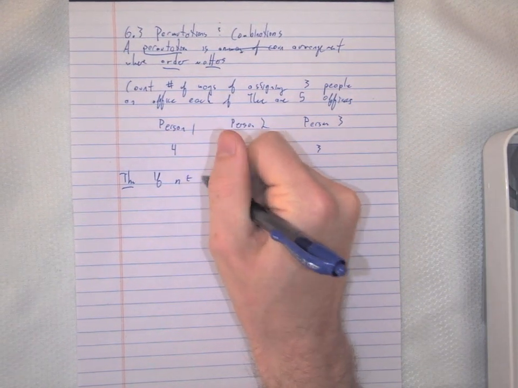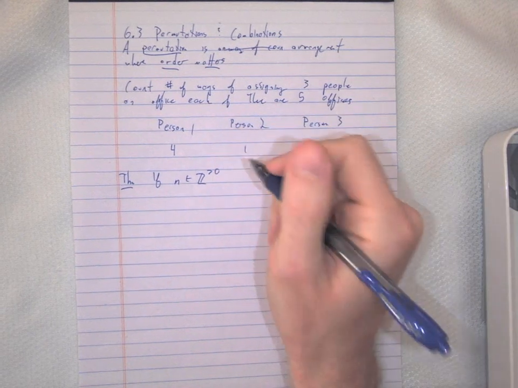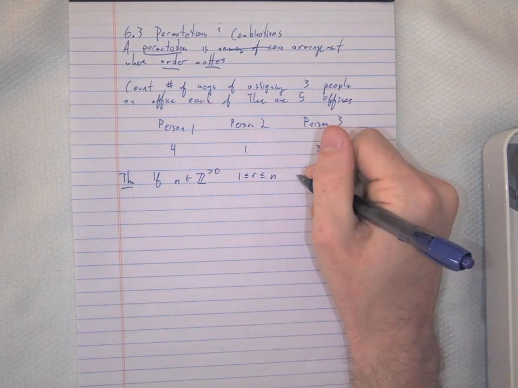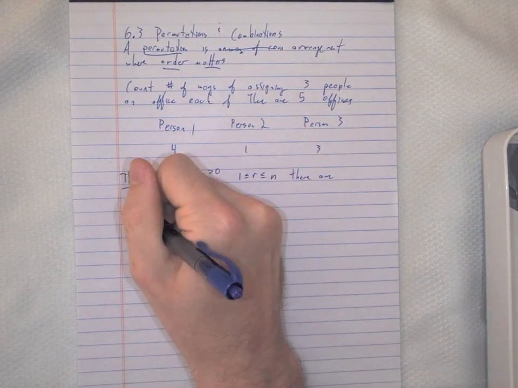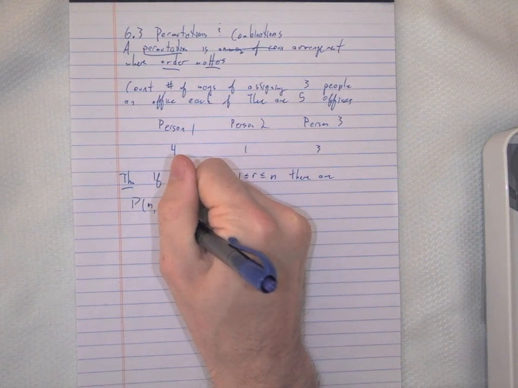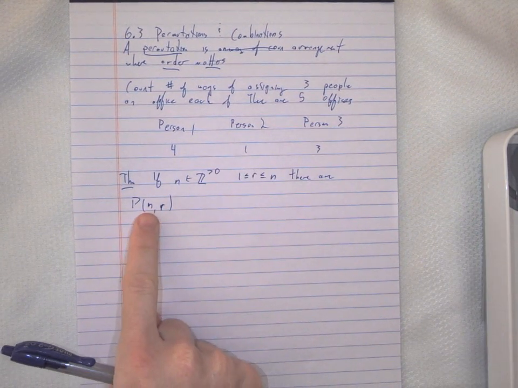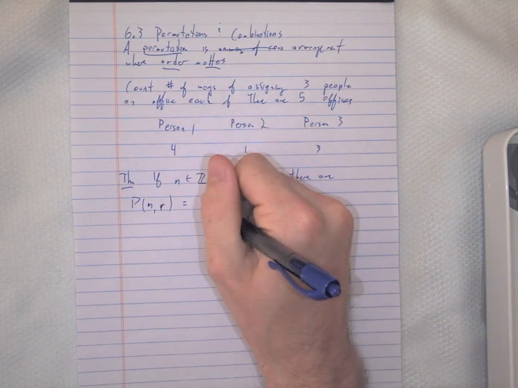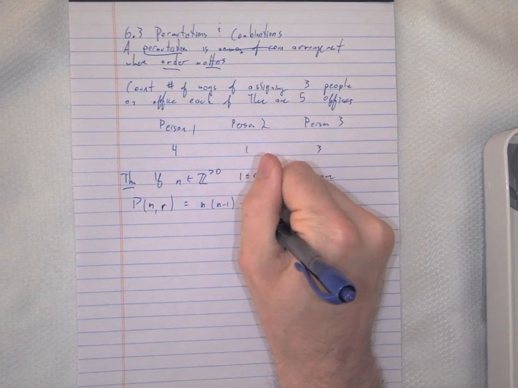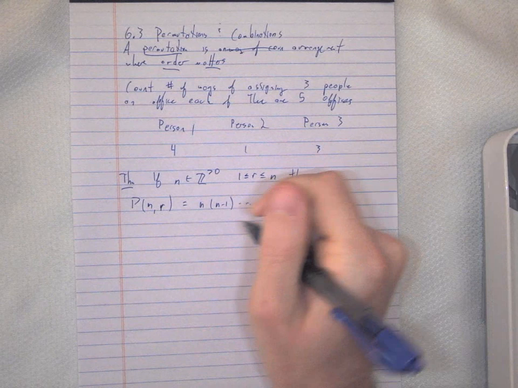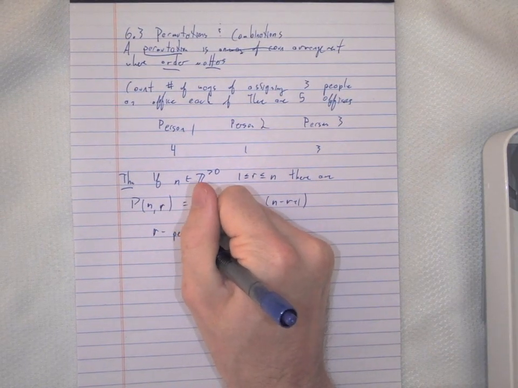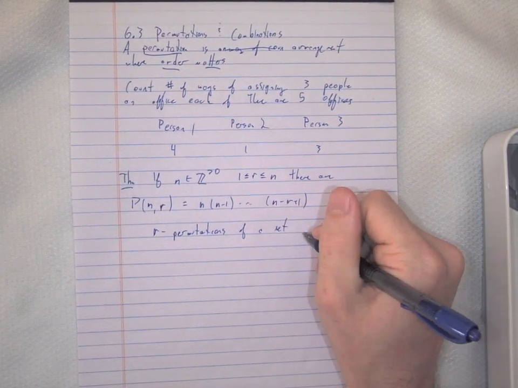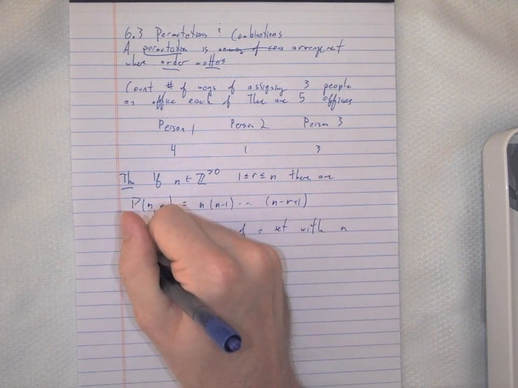If n is in Z greater than 0, so n some positive integer, and 1 is less than or equal to r and r is less than or equal to n, then there are P(n, r), this symbol denotes the number of r-permutations from n elements, equals n times (n minus 1) all the way down to (n minus r plus 1) r-permutations of a set with n distinct elements.